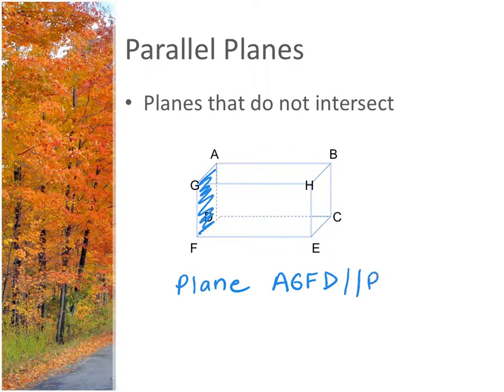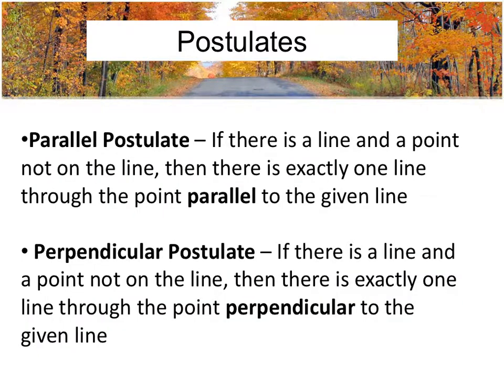B. Good. This plane here. If I did the front side, it'd be the front, which is GHFE, and then the back side, which would be ABCD. If you did top and bottom, front and back, left and right, all those things are going to be parallel planes. Make sense? Okay.